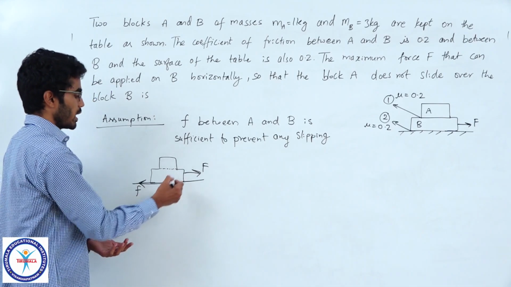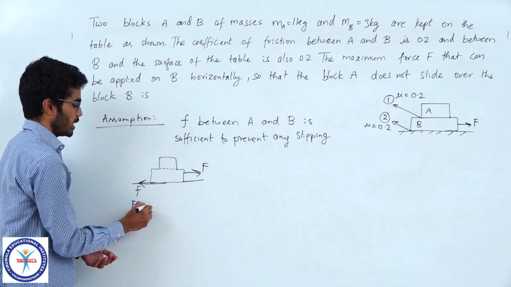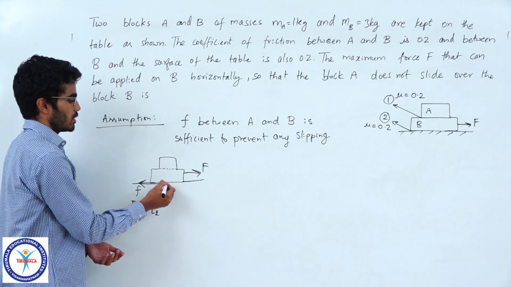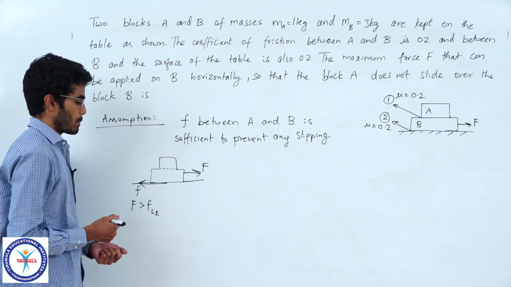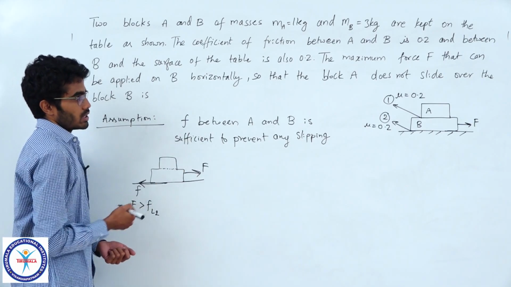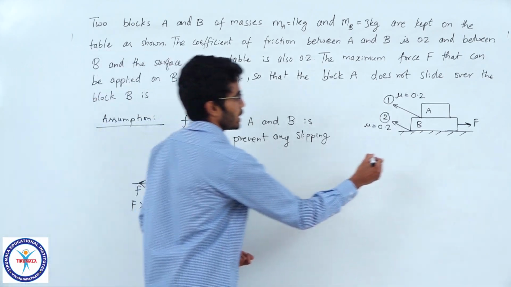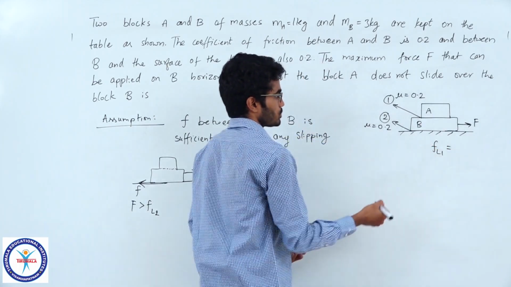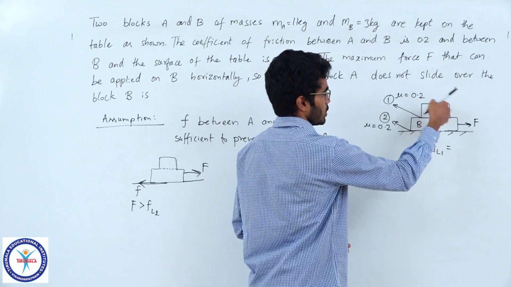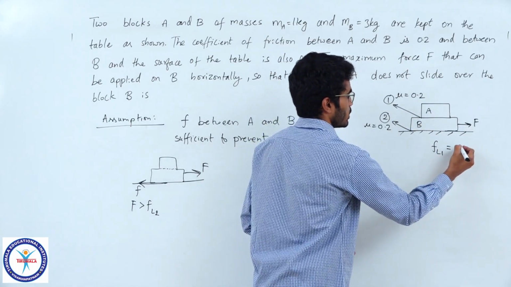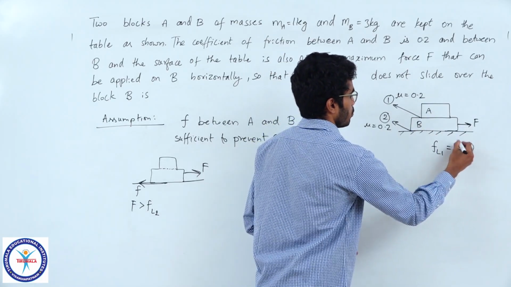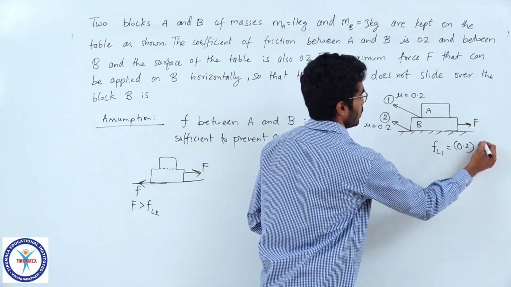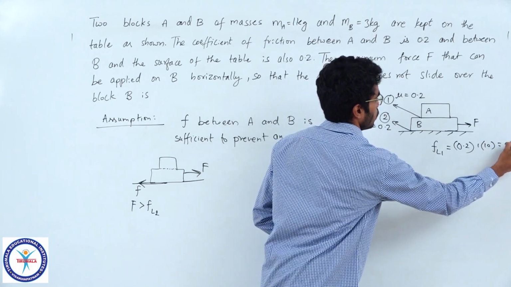So, now you should understand that the force which is being applied is greater than the limiting friction at this contact surface. And what is the limiting friction value here? Let us quickly calculate limiting frictions. FL1 will be mu M_A g, we have calculated this earlier, mu 0.2 into weight of this block. So, this is 1 kg, 0.2 into 1 into 10, that is 2 newtons.